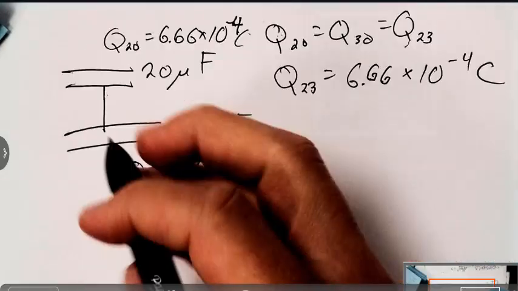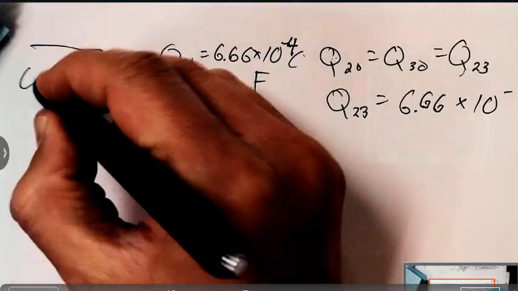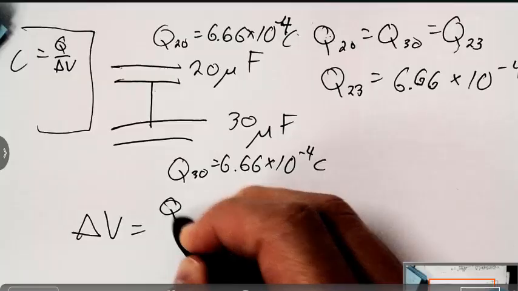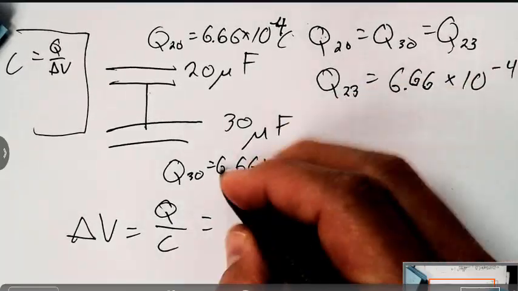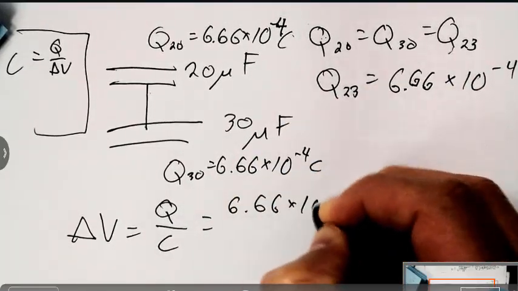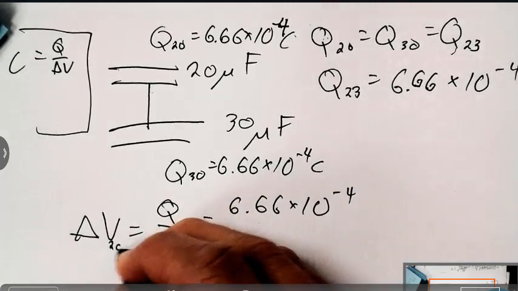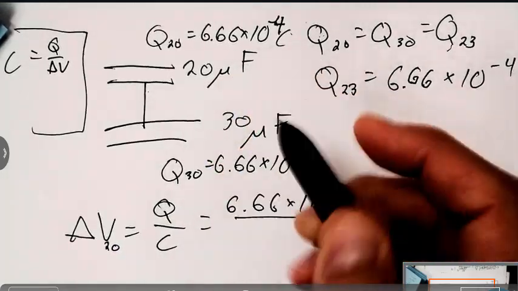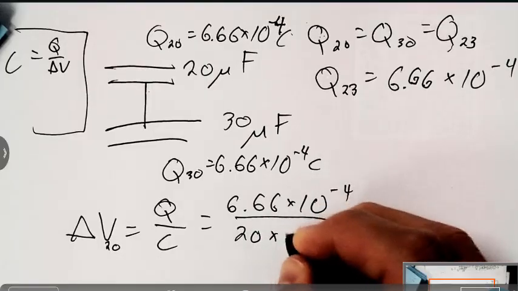So the voltages are pretty easy. So the voltage difference, I don't remember the equation. So capacitance is Q over delta V. So the voltage difference is Q over C. So that's 6.66 times 10 to the minus fourth for the 20 microfarad capacitor divided by 20 microfarads.